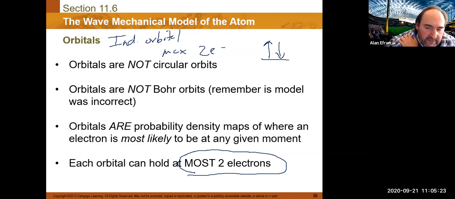So if this was an orbital, the maximum number of electrons that could be put in there is 2 electrons. We'll talk about why one's going up and one's going down in a bit, but 2 electrons is the maximum that you can put in any individual orbital. You don't have to fill it up with 2, but 2 is the max that you could get in there.